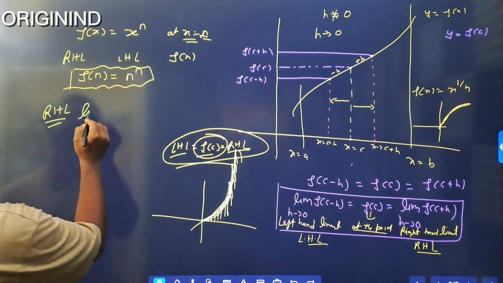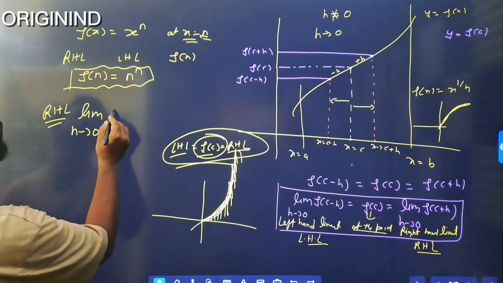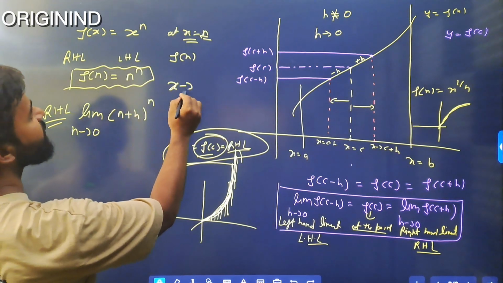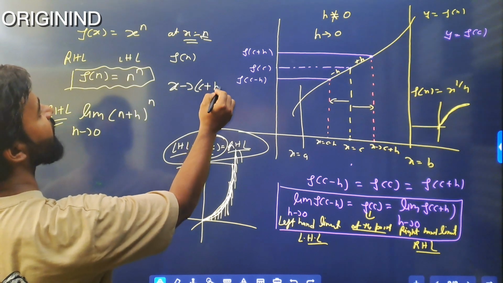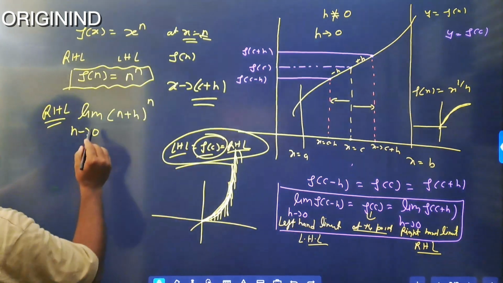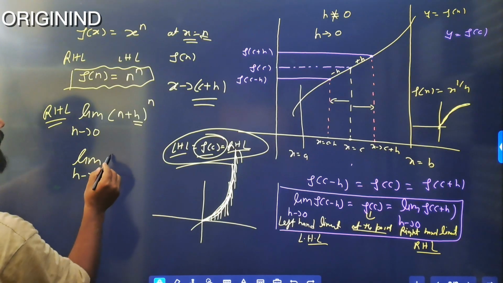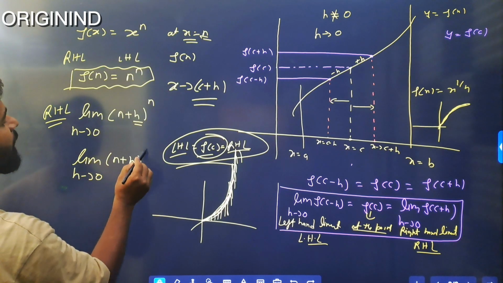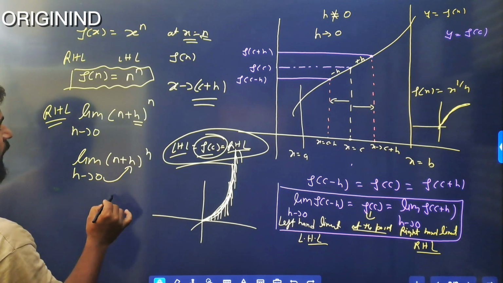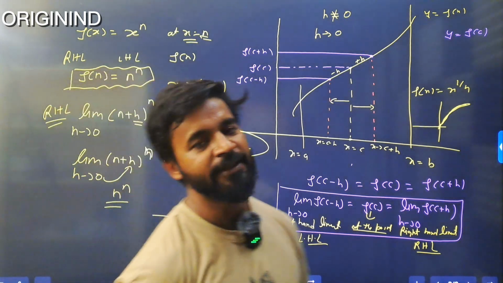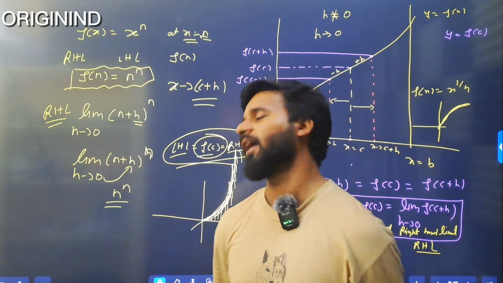Now RHL and LHL. RHL means limit h tends to 0 of n plus h to the power n, because you replace x by c plus h. When h tends to 0, the answer is n to the power n. This is the basic concept of RHL.